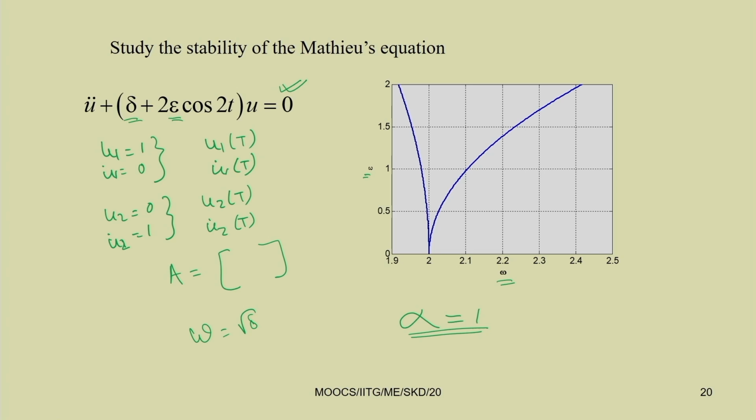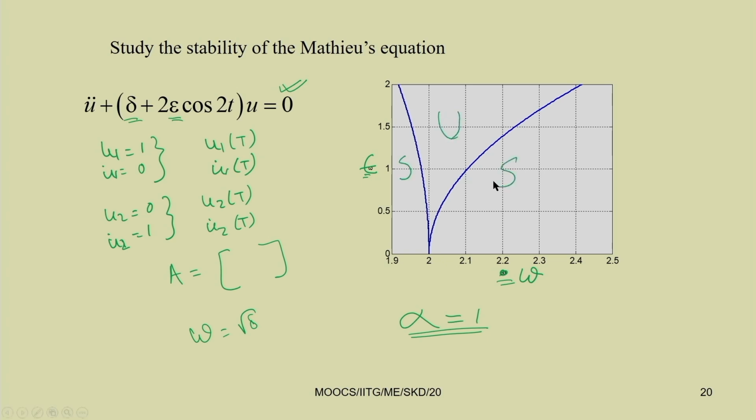If one plots epsilon versus omega, then one can get a curve like this, where this part is stable, this part is unstable, and again this is stable.